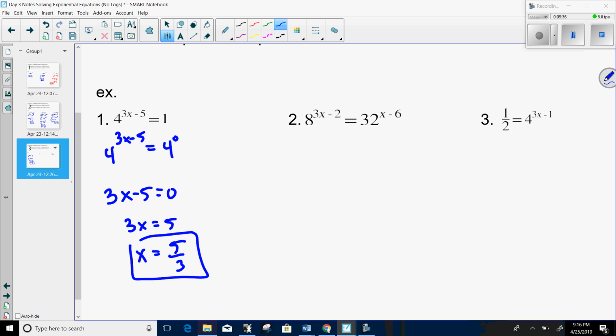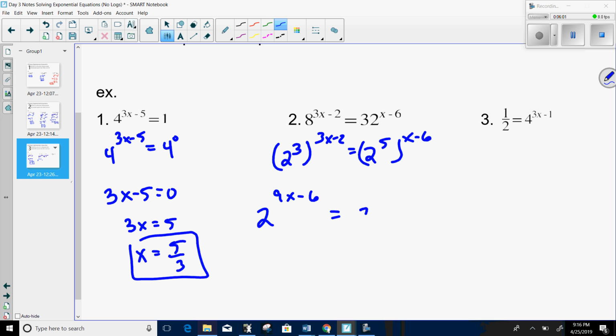Okay. Next one, I need to rewrite 8 and 32 with the same base. I can rewrite 8 as 2 cubed raised to the 3x minus 2, and I can rewrite 32 as 2 to the 5th power. And then I have x minus 6. Exponent to an exponent, this is going to become 2 raised to the 9x minus 6 equals 2 to the 5x minus 30.